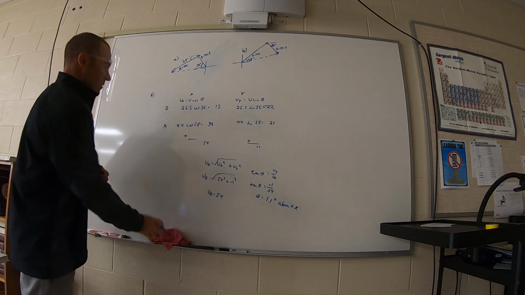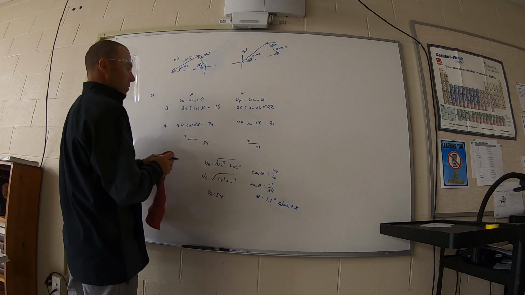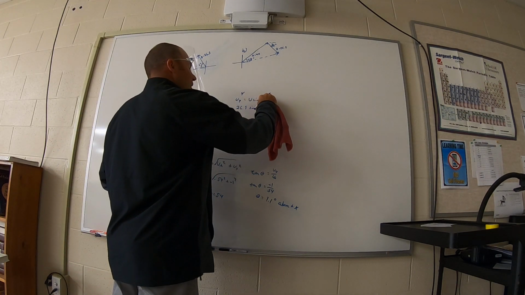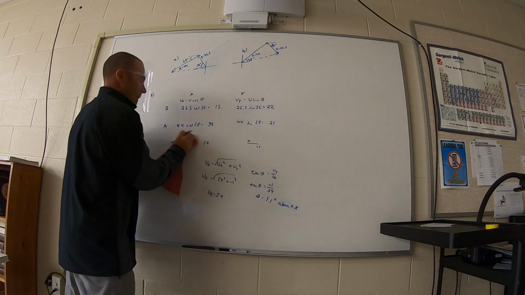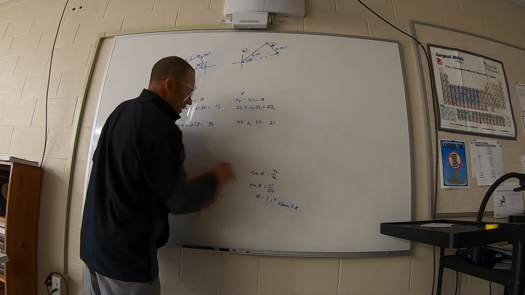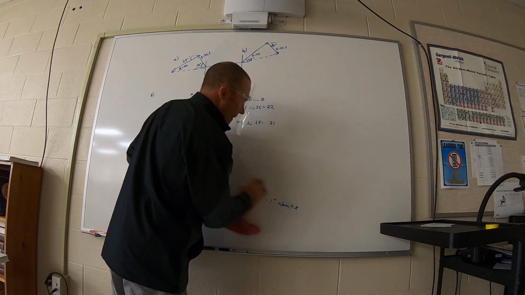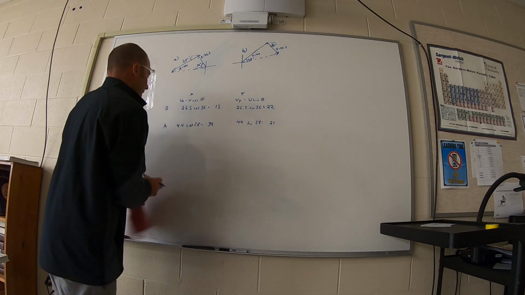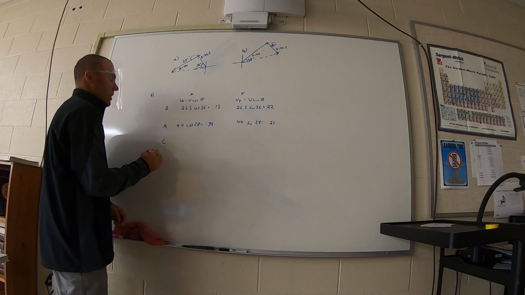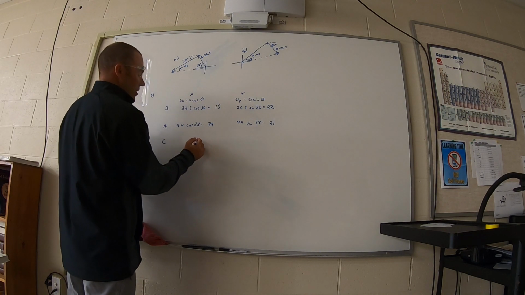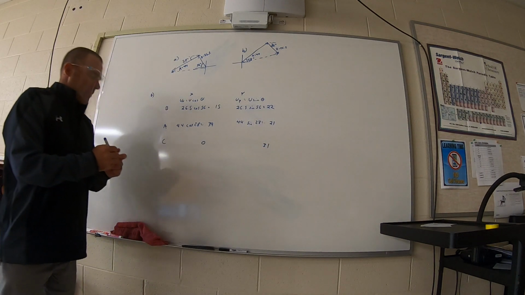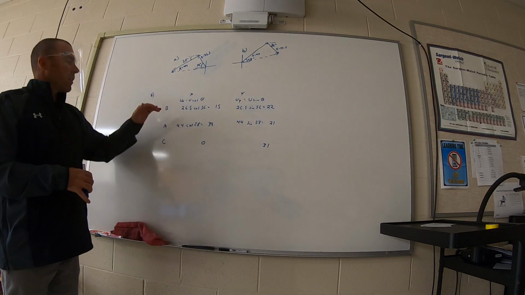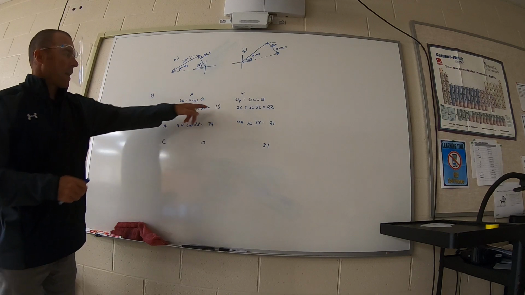Maybe I should just do it like this. I'm going to get rid of all the signs. So I've got B, I've got A, and we need to find C. C we know is 0 in the X and 31 in the Y. So we know all of our components are either plus or minus 15.